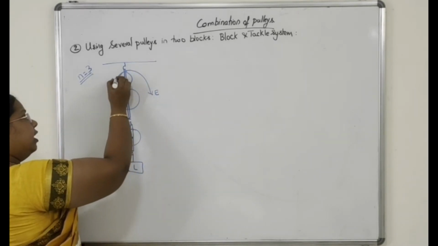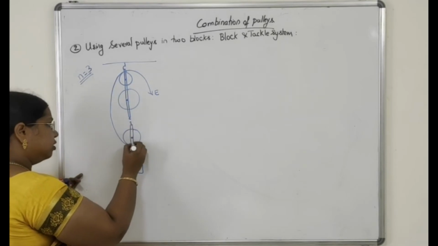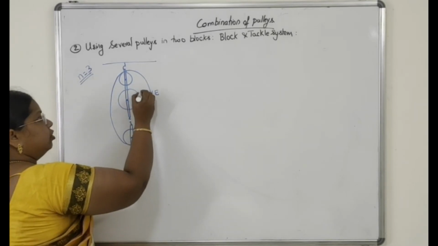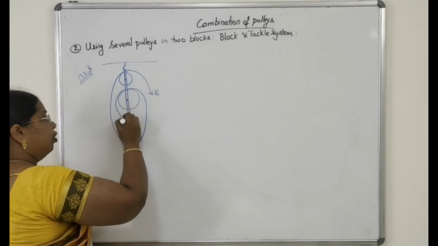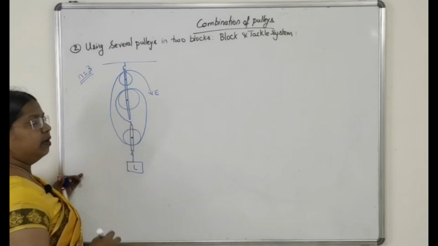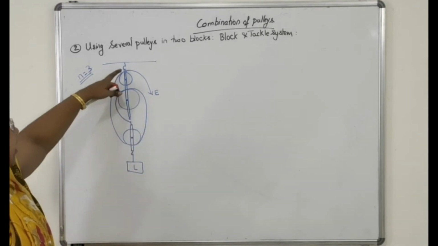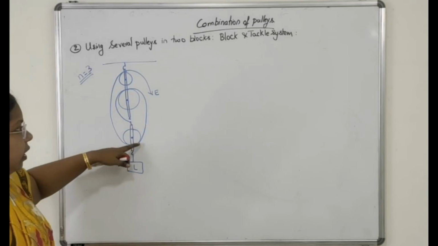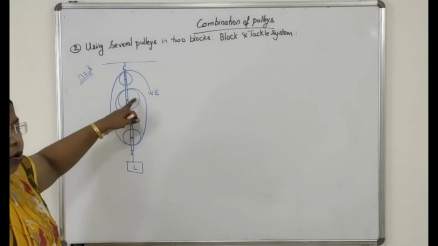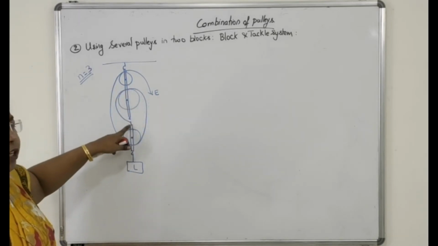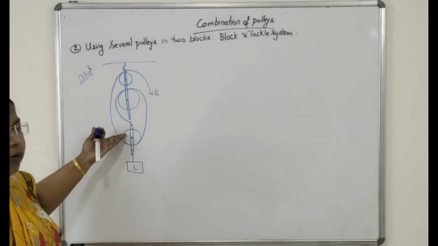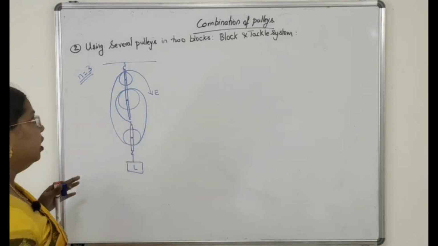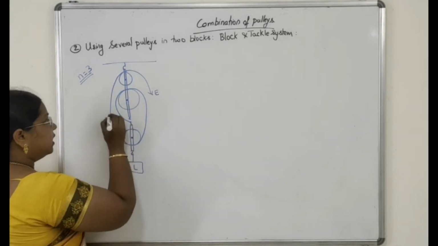Now the other end of the string is attached to the lower block hook. You can see from the top I brought down and again up because I have one more, so one more turn here and then to the lower block. No more pulleys in the lower block, so I fixed it.